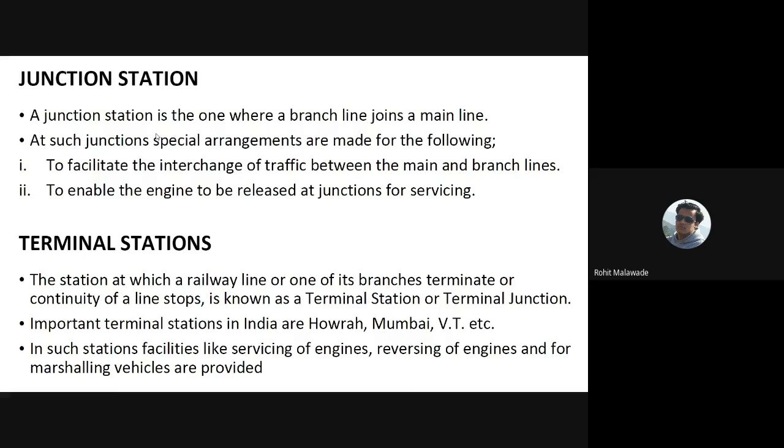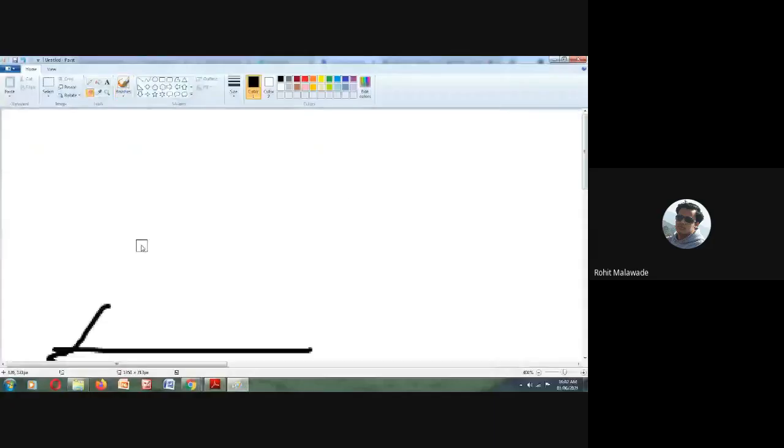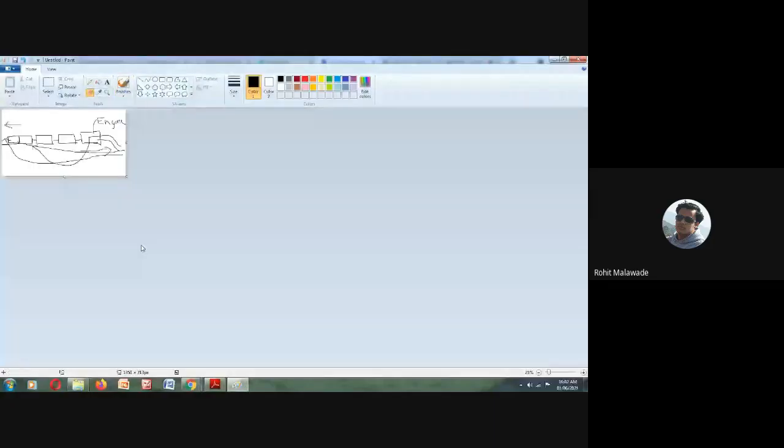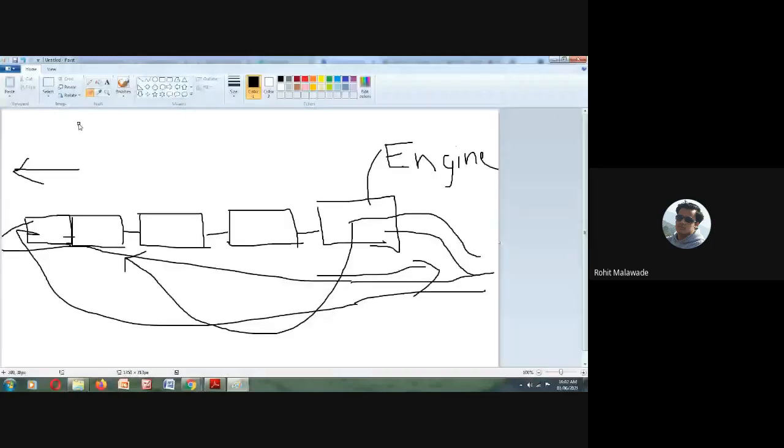Whenever you approach from Hubli to Belgaum, your crossing is nothing but, just a minute, you already know it, but still I'll tell you what crossing is. Why we wait near that Londa station is the reason. I'll tell you why you are waiting.